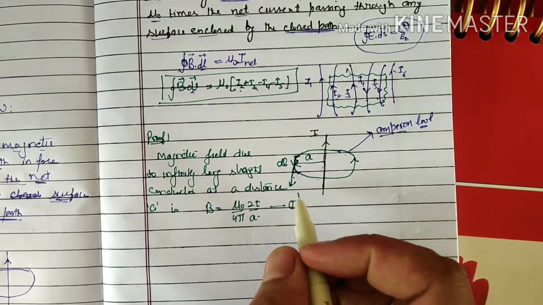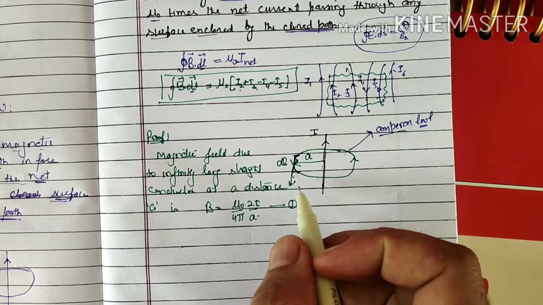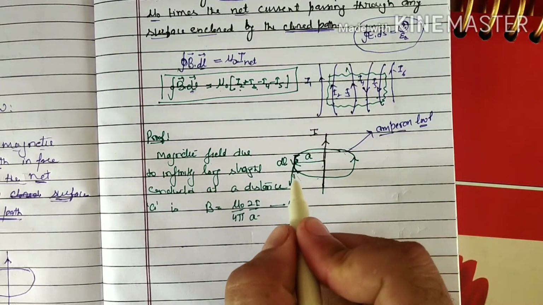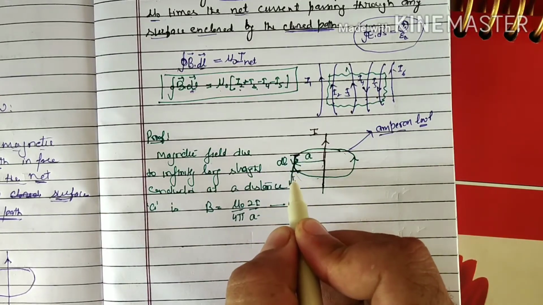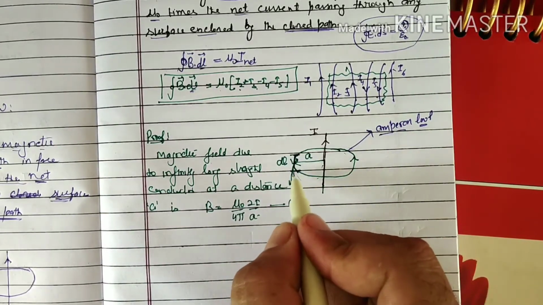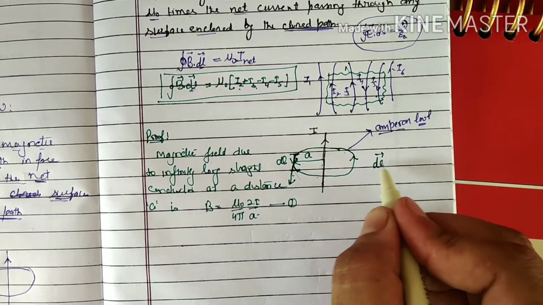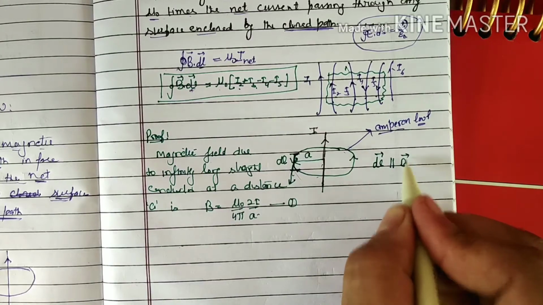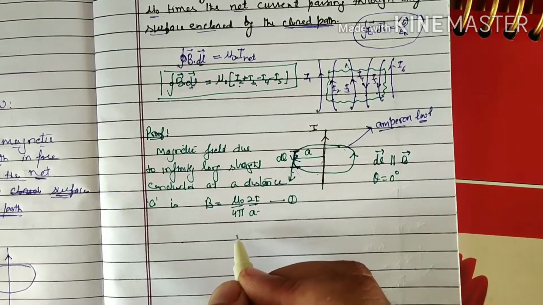We can say that the direction of the Amperian loop element and the direction of the magnetic field are both in the same direction. So when we consider any small element dl over this Amperian loop, dl and the magnetic field are in the same direction. We can say that dl is parallel to the magnetic field, so theta is equal to 0 degrees. I think this is clear.